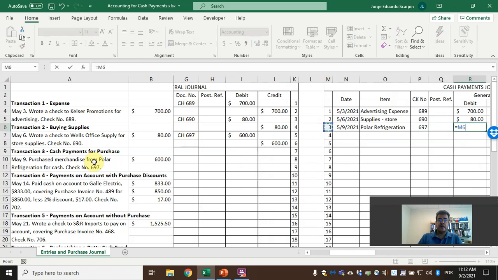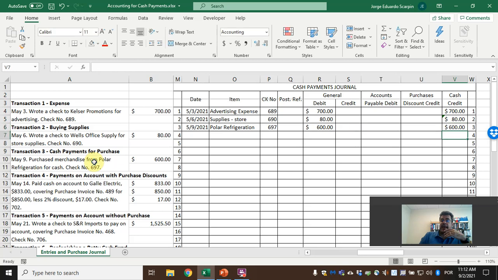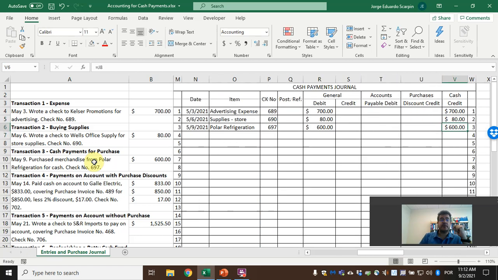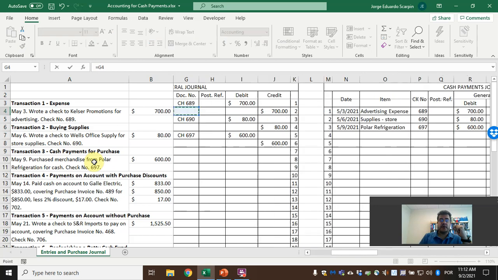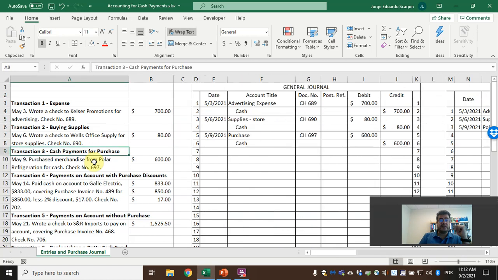Debit $600. And credit cash, $600. And by the way, much better these $600 here, and this one, these $700 here. Perfect. So this is transaction 3, cash payment for purchase.